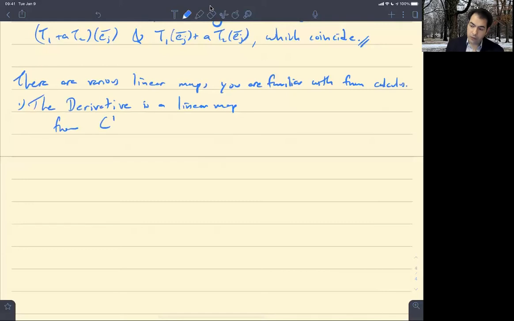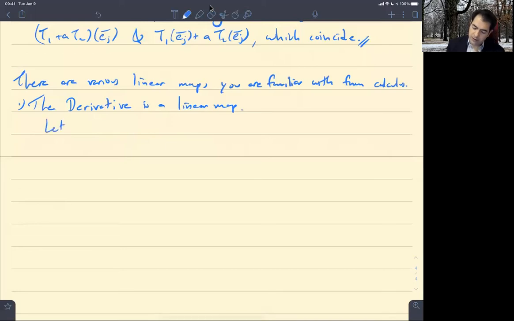So here we're going to start with functions that have a derivative. Okay, let's do this a little slower. The derivative is a linear map.